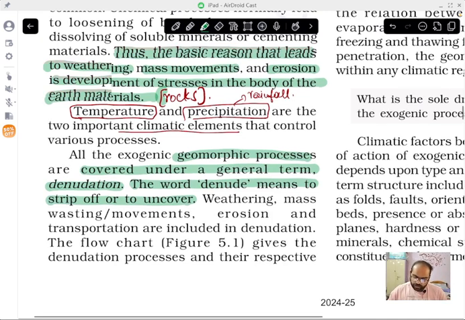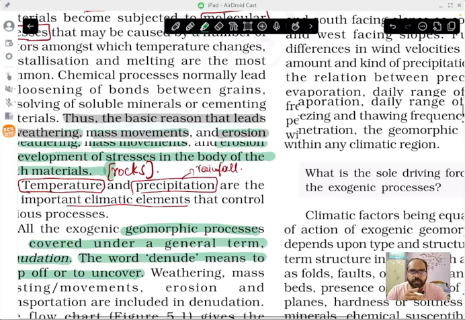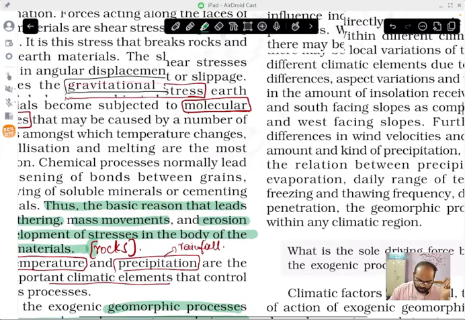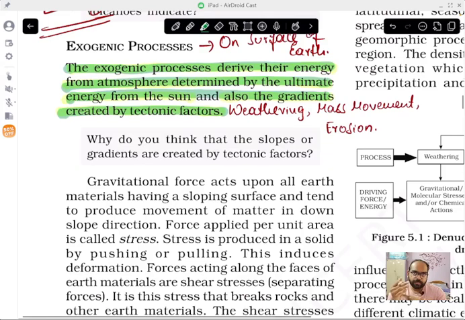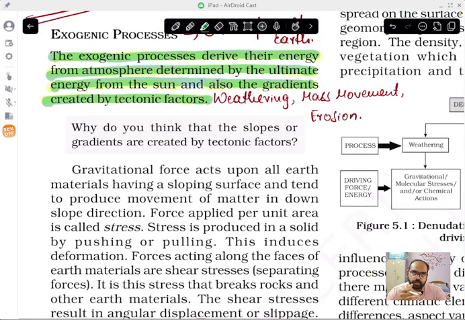The exogenic processes derive their energy either from the atmosphere, that is sunlight, or from gradients developed due to tectonic factors. With respect to these two, different kinds of energy are responsible for different types of exogenic geomorphic processes.